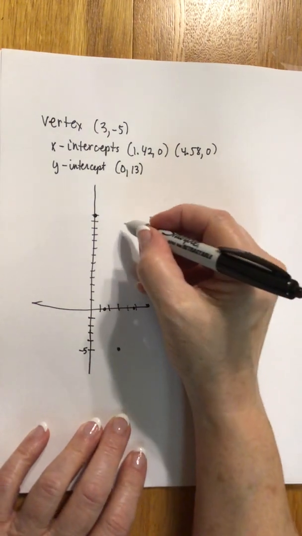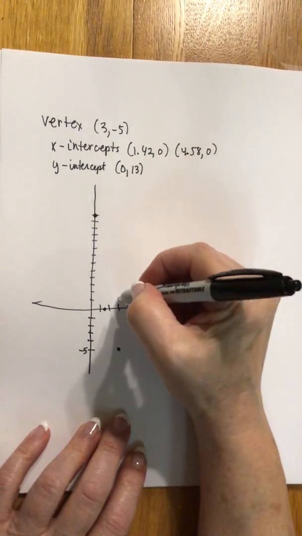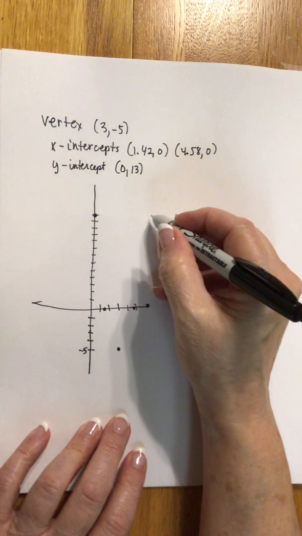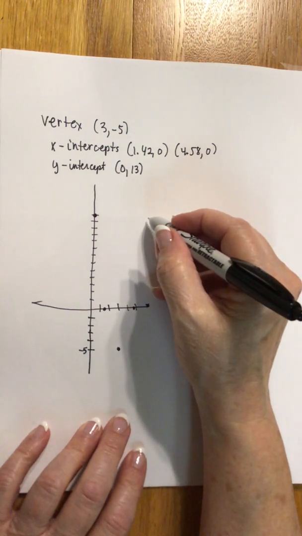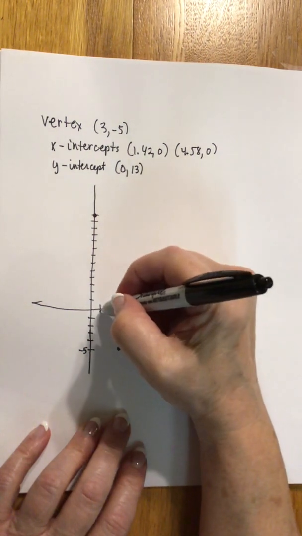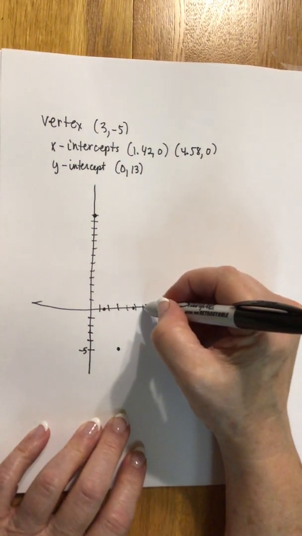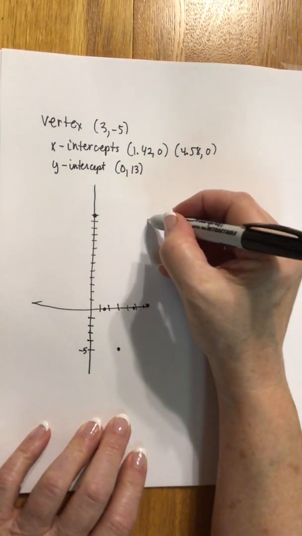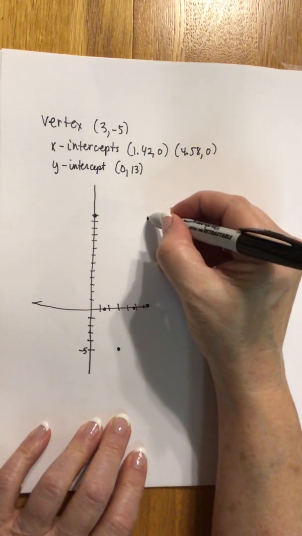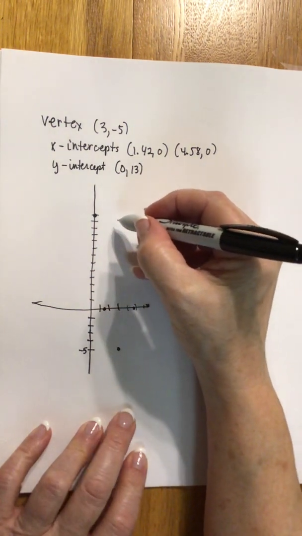Now we know that there's going to be the axis of symmetry that's straight down through here, so we know there's going to be another point on this side. That point would be the same distance away, so we're going to have it be approximately right here. And then we draw in our parabola.